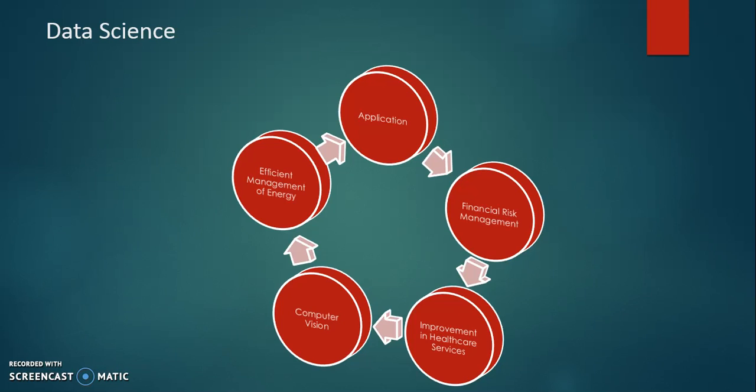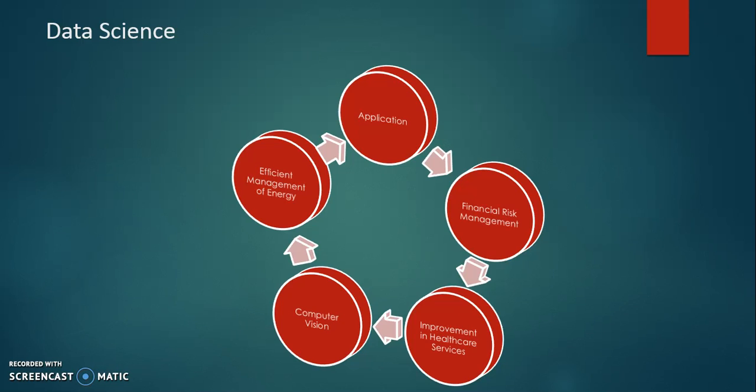Efficient management of energy is also one of the crucial and important applications, where you can say that data science is directly involved. It gathers all the usage data of the users in different segments, and the sources of energy as well, and it does the comparison between the source of energy and the consumption done by the consumers.